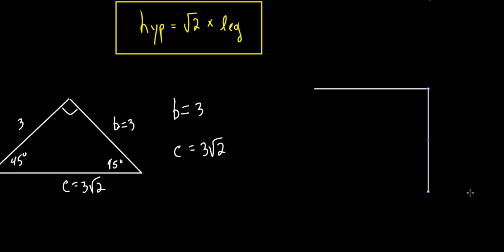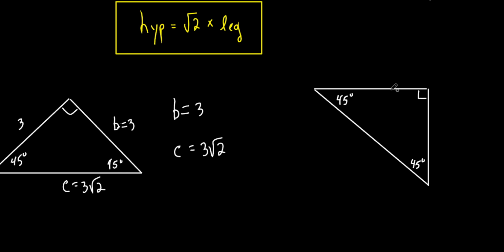Do they look the same length? Yeah, pretty close. That one's a little bit longer, doesn't it? Maybe about right there. Good enough. And so I'm told that that's a right angle. I'm told that's 45 degrees. I'm told that this is 45 degrees.